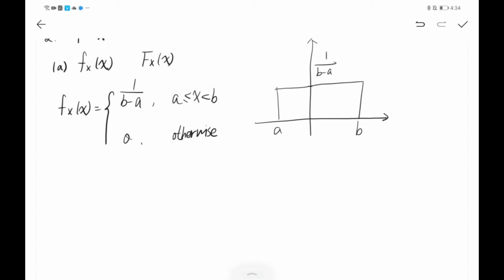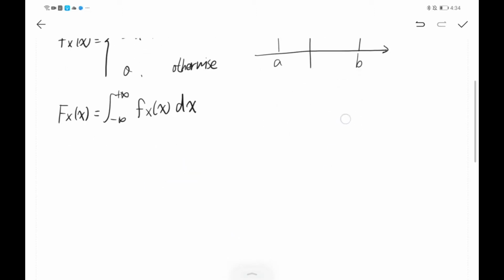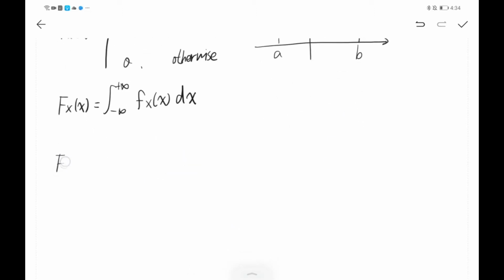We can compute the distribution function now. The distribution function of x equals... we can write some part of the distribution function first.